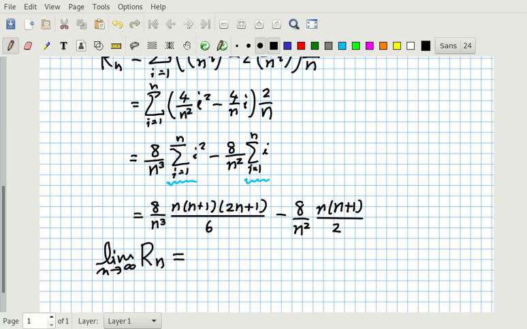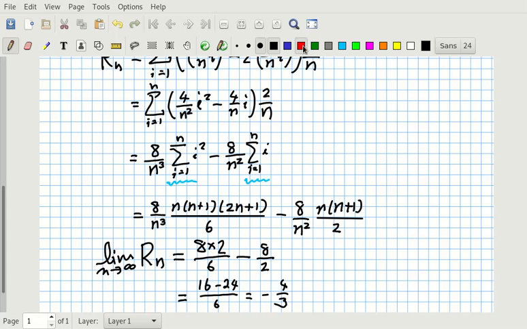Therefore 8 times 2 over 6, minus. For the second term, the numerator has a degree 2 term and the denominator a degree 2 term again, so we can cancel. So minus 8 over 2, which is 16 minus 24 over 6, which is minus 4 over 3.